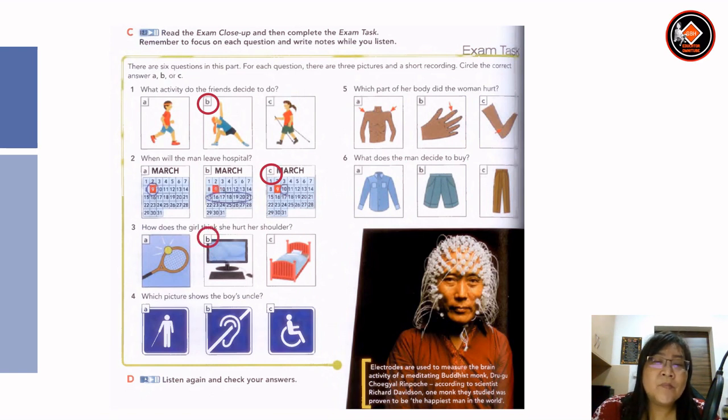Answer is B. Number 4, which picture shows the boy's uncle? Answer is C. Number 5, which part of her body did the woman hurt? Answer is C. Question 6, what does the man decide to buy? Answer is B.